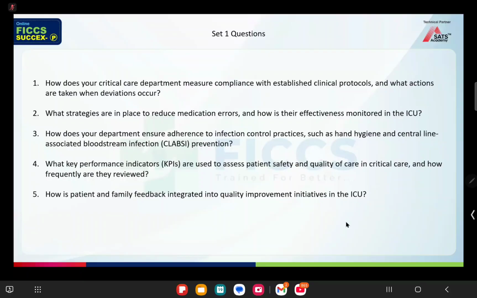Okay, and what are the actions that can be taken when there is a deviation? What are the ways that you will try to improve the compliance? Ma'am, educating the staff. Very good.